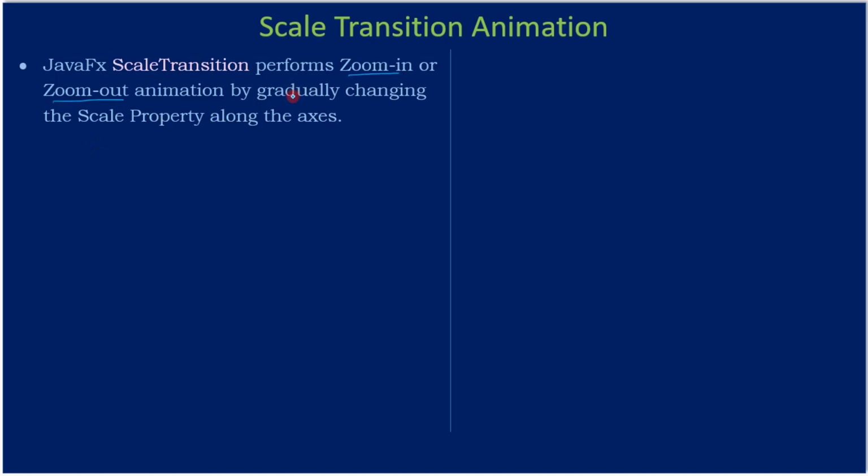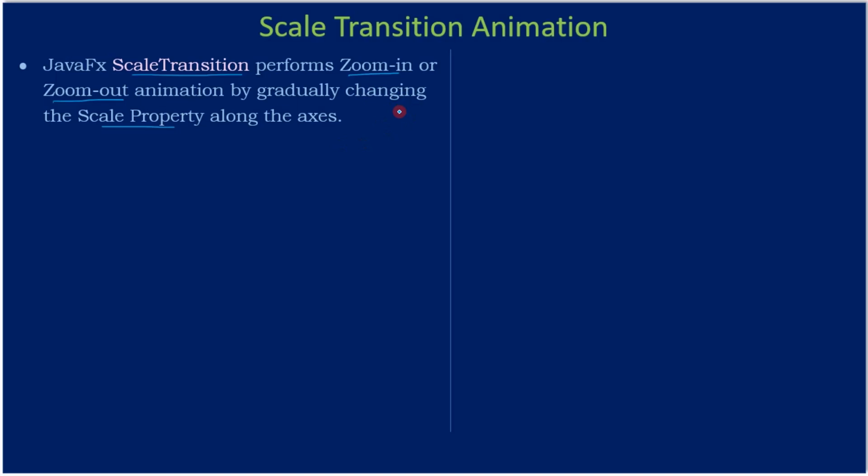When this zoom in, zoom out is performed, it gradually changes the scale property along the specified axis, and you will be seeing an animation, which is performed using the JavaFX provided scale transition class.